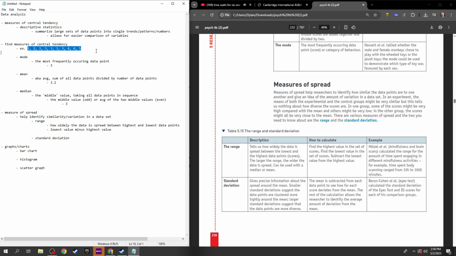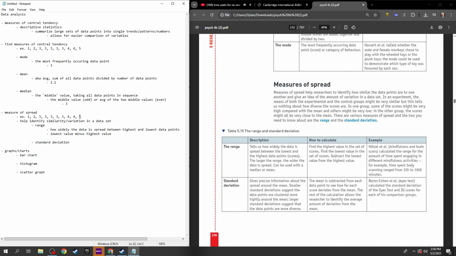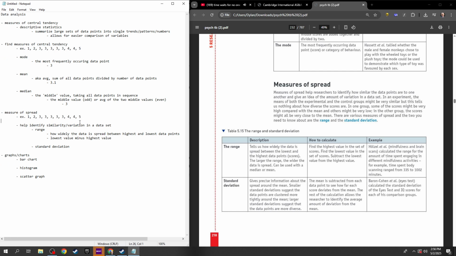So the range here, if we take this again, the range would equal 5.